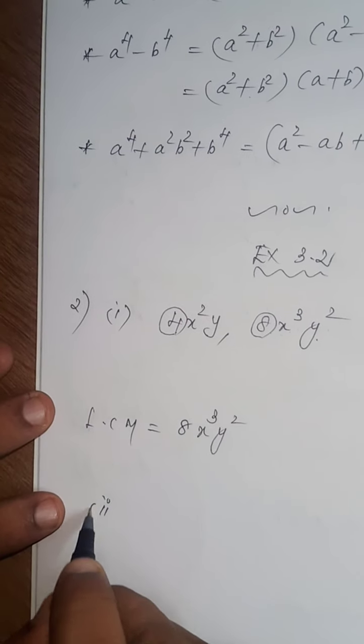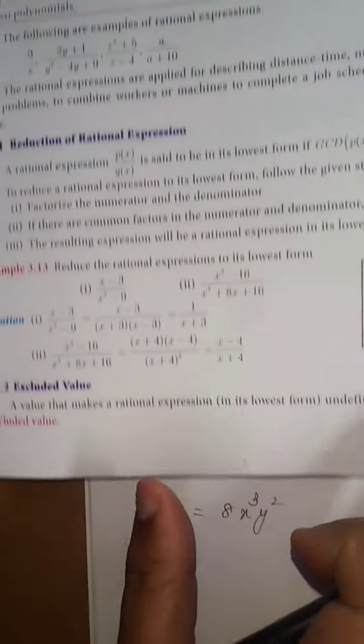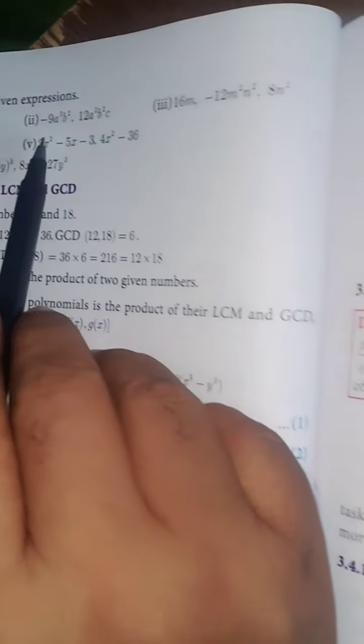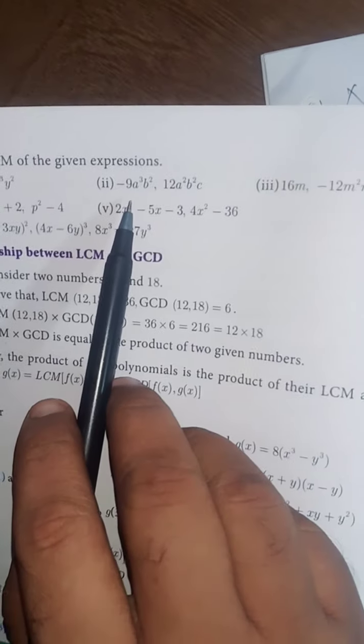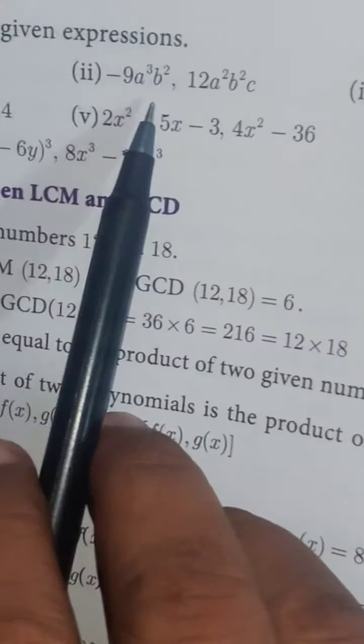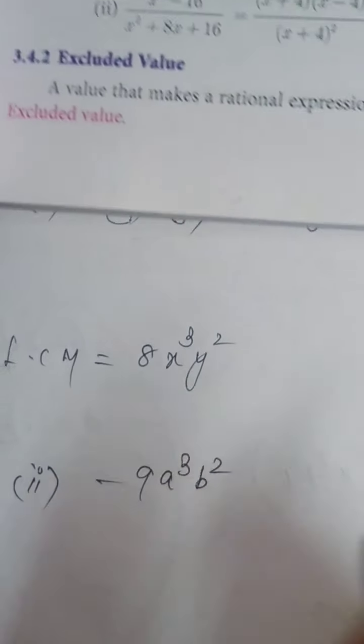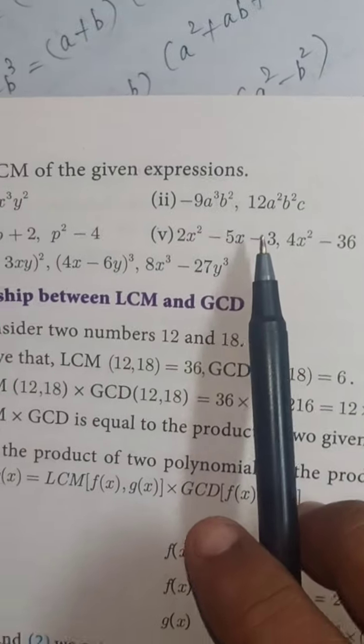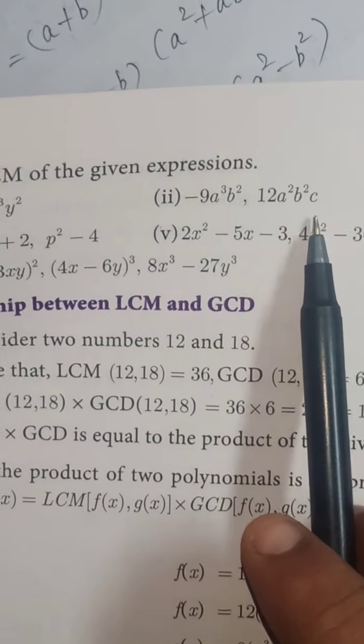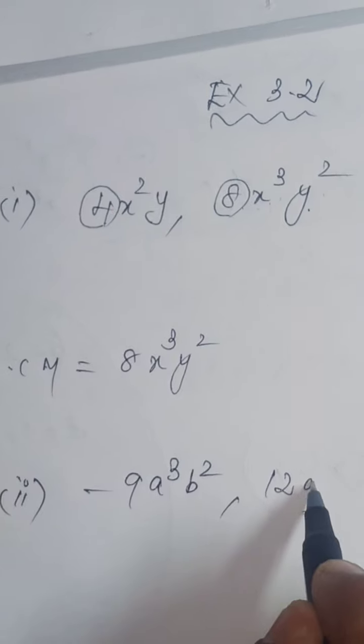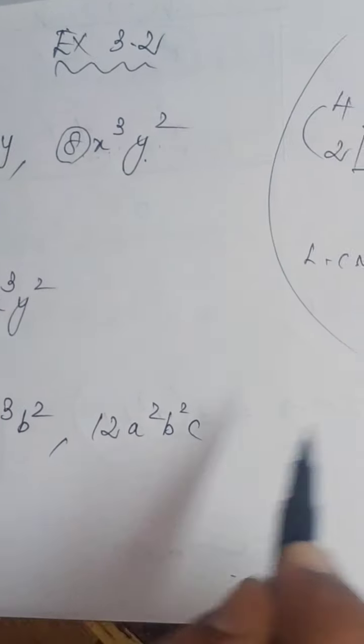Now second subdivision. Here is the question. Minus 9 a cube b squared and 12 a squared b squared c.